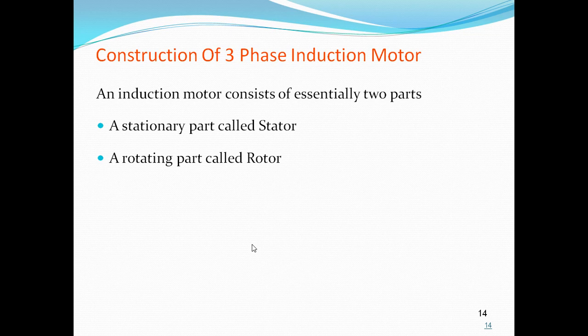Connect to the supply. So when we connect the supply to a three-phase stator winding, it produces a rotating magnetic field of constant magnitude, that is 1.5 times the maximum flux, rotating at synchronous speed.